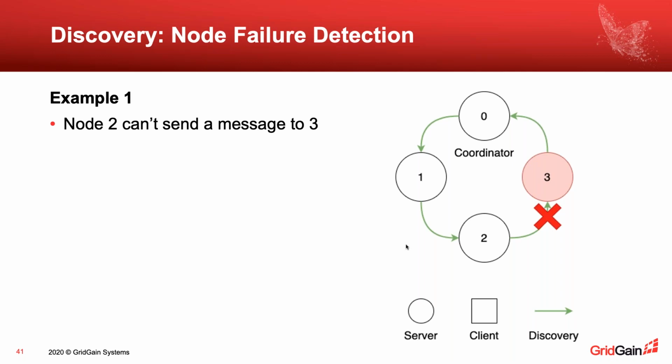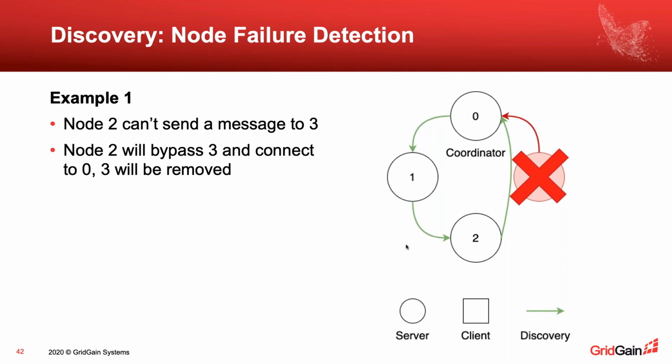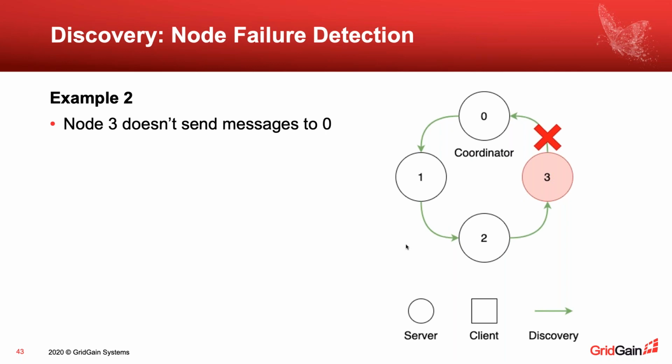Node number 2 will realize that it can't talk to node number 3, but it knows about node number 0, and it will just bypass node number 3, talk to 0 directly, and tell it that, you know what, I can't reach 3, 3 has probably failed, and this is how node number 3 will be excluded from the cluster.